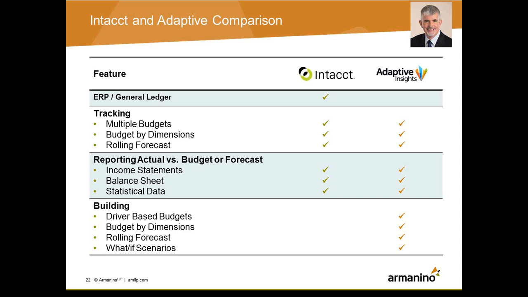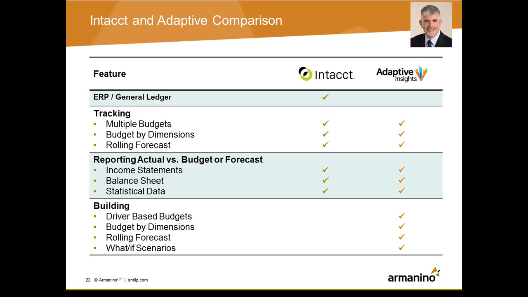On the reporting side, both systems have different users that Scott will talk about in a moment. But clearly, they both can be used to do budgeting, forecasting, and income statements. We're talking about reporting here: budget versus actual, for income statements, balance sheet, statistical data. The question of where you use these and which system you use really becomes very much an end user preference, and also what your function is within the company.